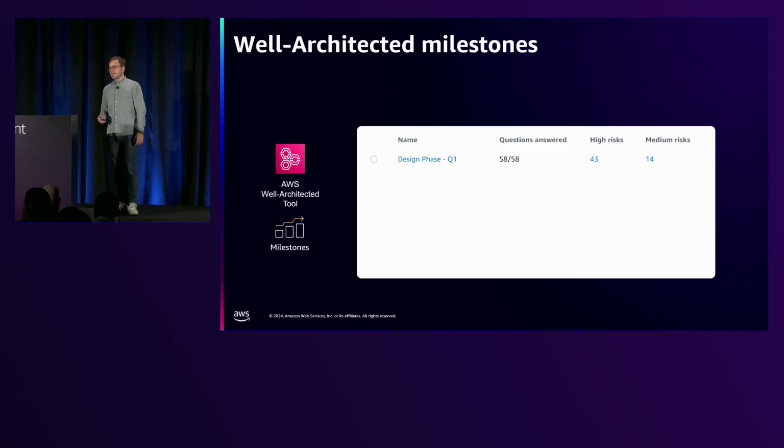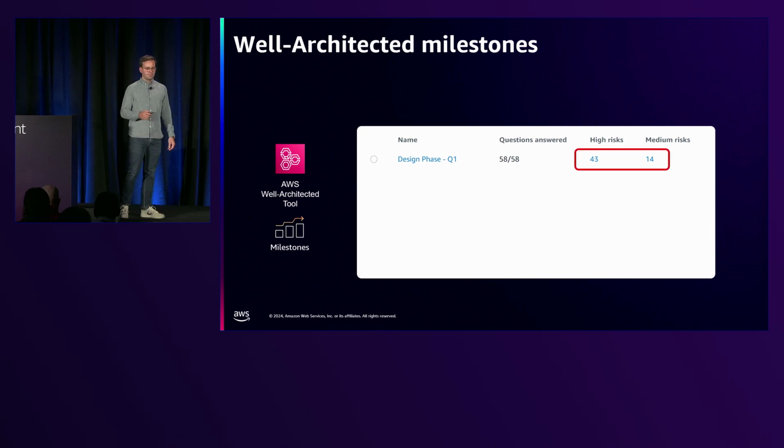So milestones, I will deep dive on that one. It will really help you to track improvement over time in your conversational discovery. So remember that it's always a life cycle, so you need to do a review quite frequently. So you can use milestones, in fact, to measure your progress through these life cycles.